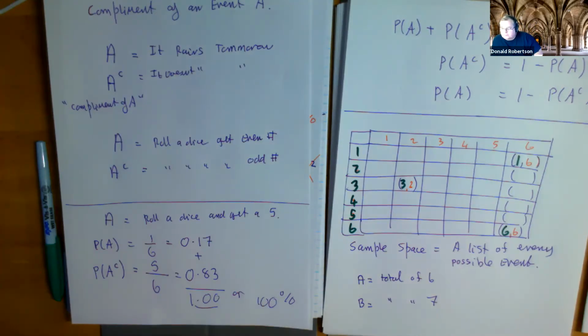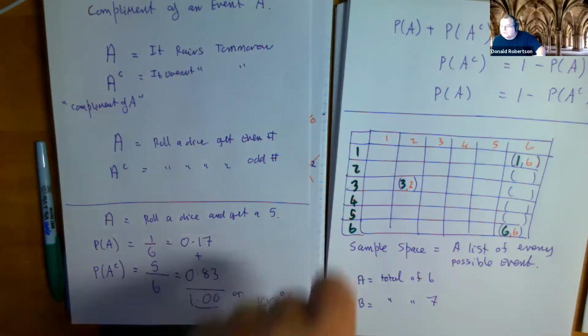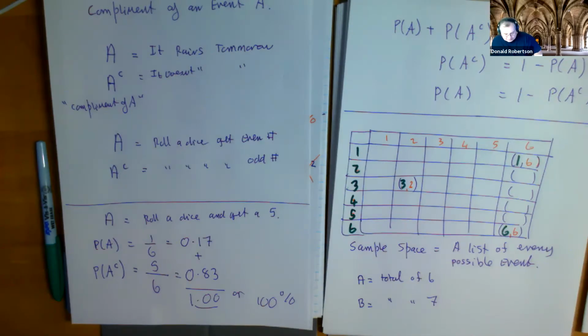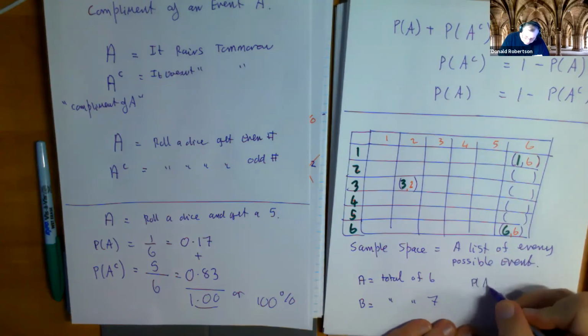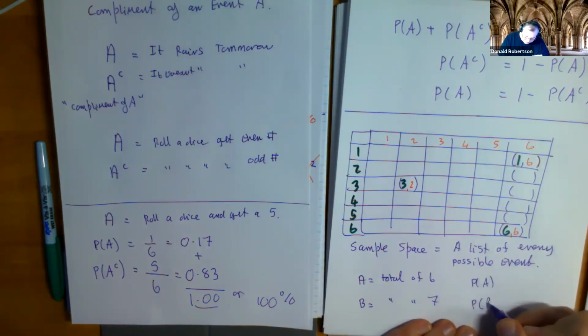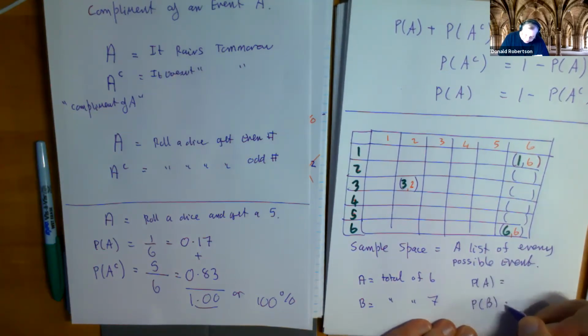Like in various board games, you roll the dice and you get a 3 and a 2. So you get a 5 and you move your little guy 5, that kind of thing, right? Event A is that you get a total of 6 and event B gets you a total of 7. And we are going to find in a few moments what the probability of these 2 events are.